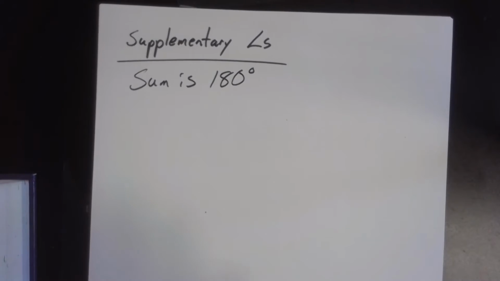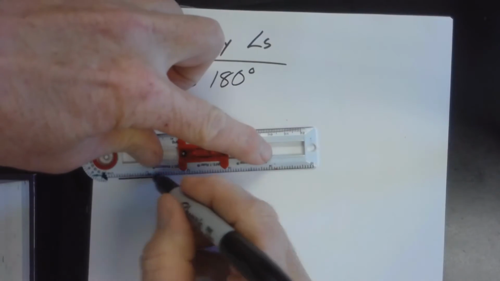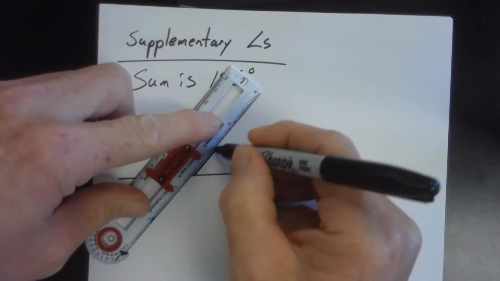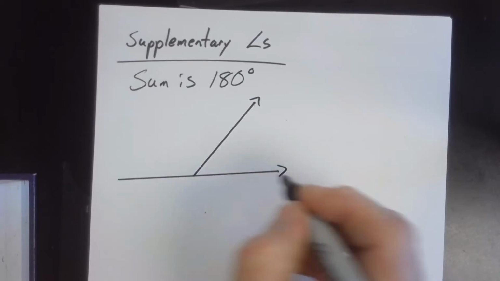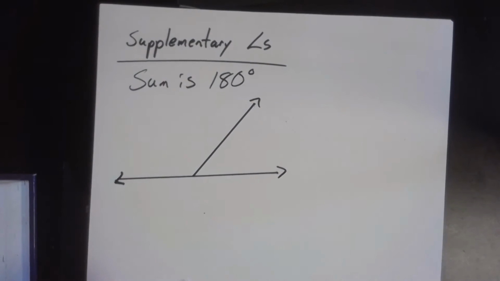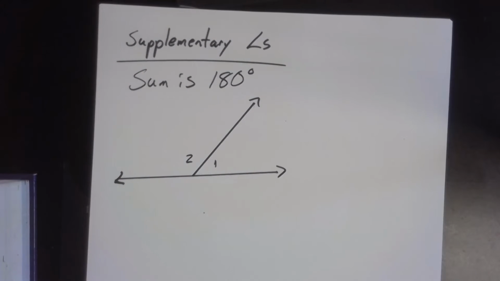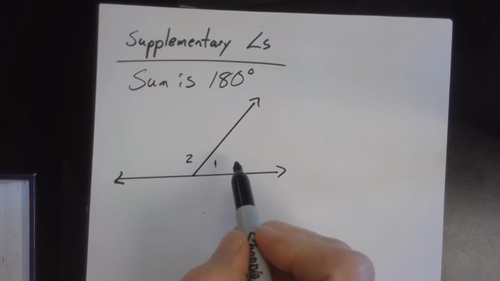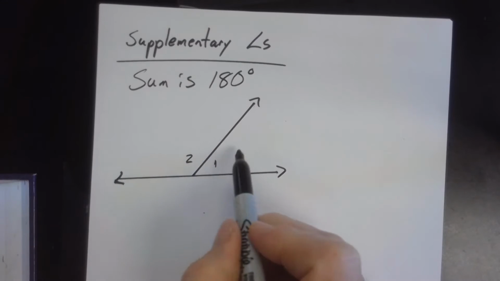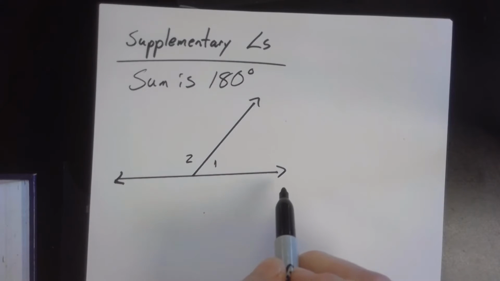Now, supplementary angles, again, they can be adjacent or non-adjacent. As long as their sum is 180, they're still going to be supplementary. So, again, I think we see this kind of situation a lot. Angle 1, angle 2 here. You see together, they're adjacent, and together do they make a straight angle?